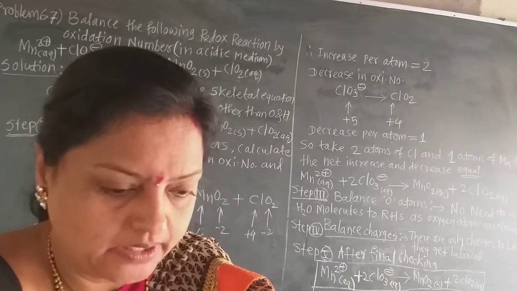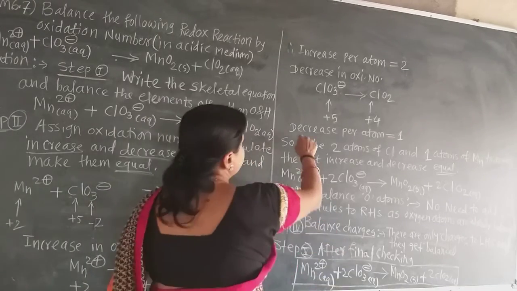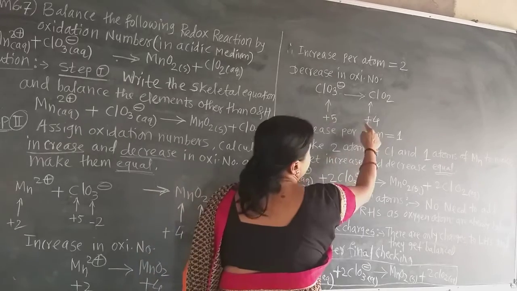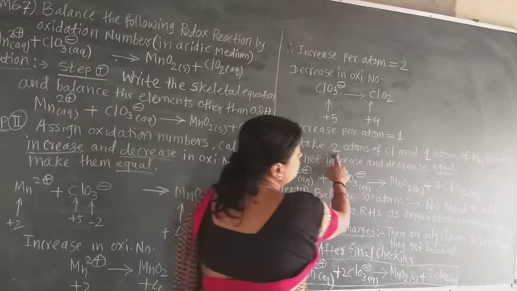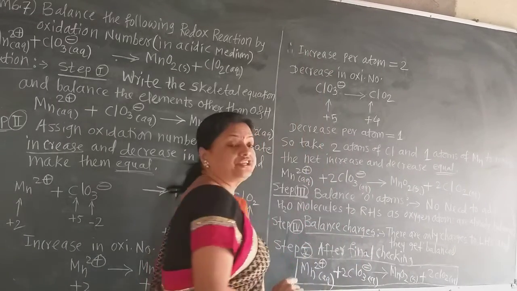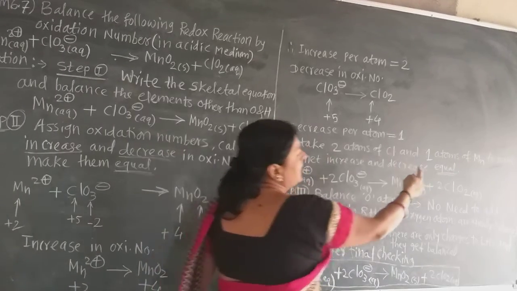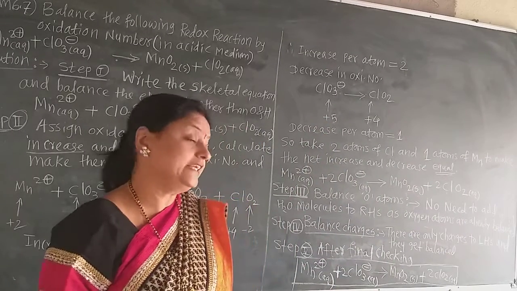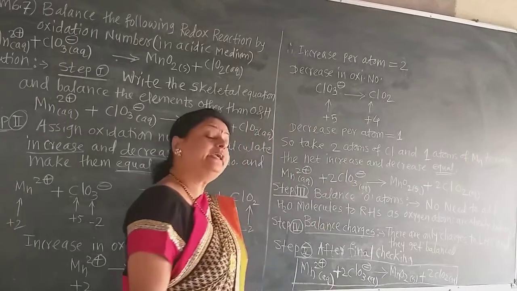And decrease here, see here, the oxidation number of chlorine decreases from +5 to +4. So the decrease per atom is 1. So take 2 atoms of chlorine, because the increase in oxidation number is 2. So multiply chlorine by 2 and multiply Mn by 1, because the decrease per atom of chlorine is 1. And the net increase and decrease will be equal.